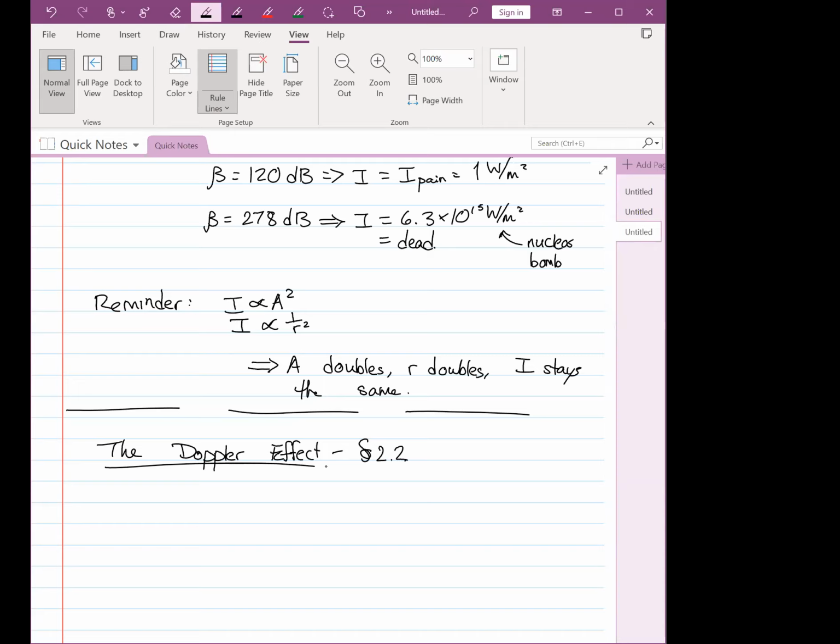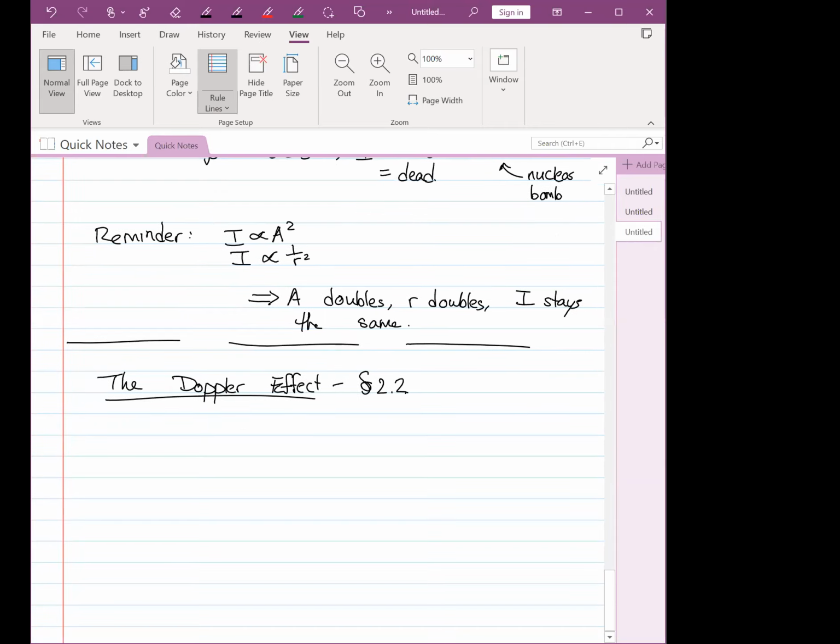So let's talk about the characteristics of a sound wave. Obviously the amplitude changes when things are moving because the distance is changing. But disregarding amplitude, what else describes a sound wave?